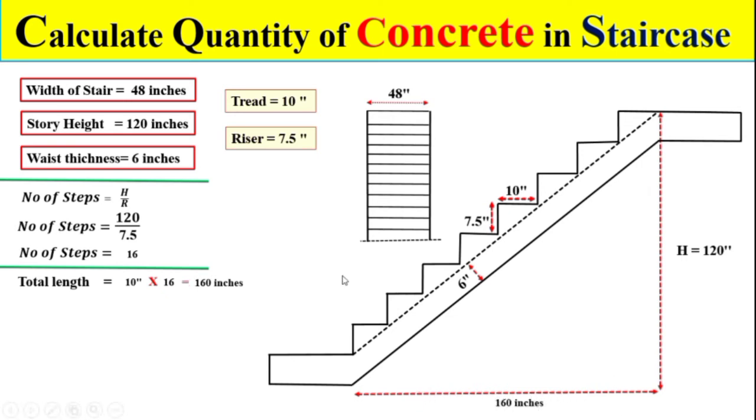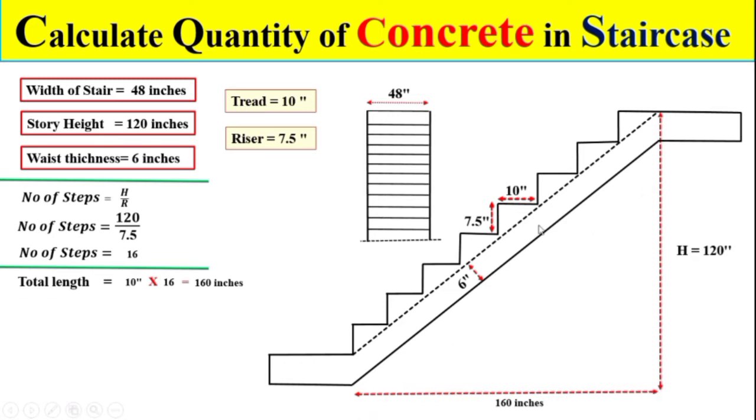It means that if we build this type of stair in our building, where the tread size is 10 inches, the riser size is 7.5 inches and the story height is 120 inches, then we require a total clear span length of 160 inches.